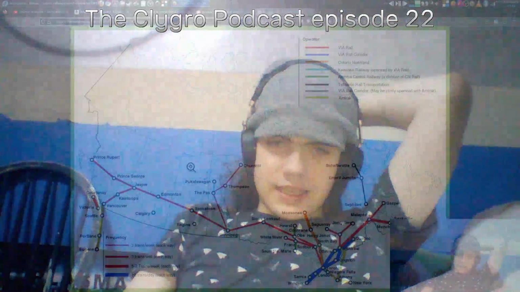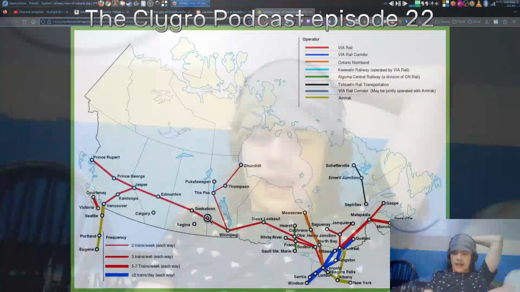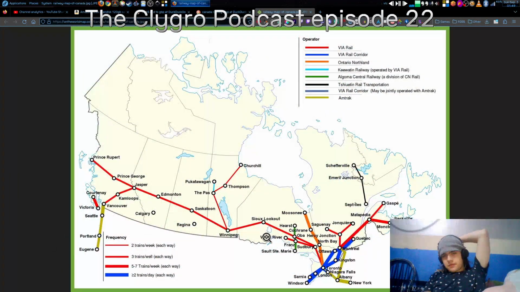But for now, at least the time I'm living in the UK, I really don't plan on getting a car. Oh wait, so this is the map, sorry about that. This is the map of Canada railways, supposedly. Amtrak, oh yeah, that's the US thing. I've heard about that.